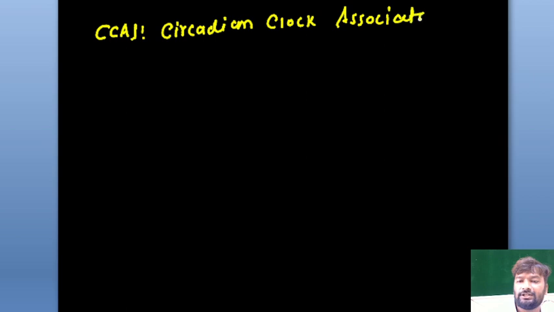So friends, there are a number of genes involved in the circadian process, and we will discuss some important genes. First is CCA1, which is known as circadian clock associated 1 gene.